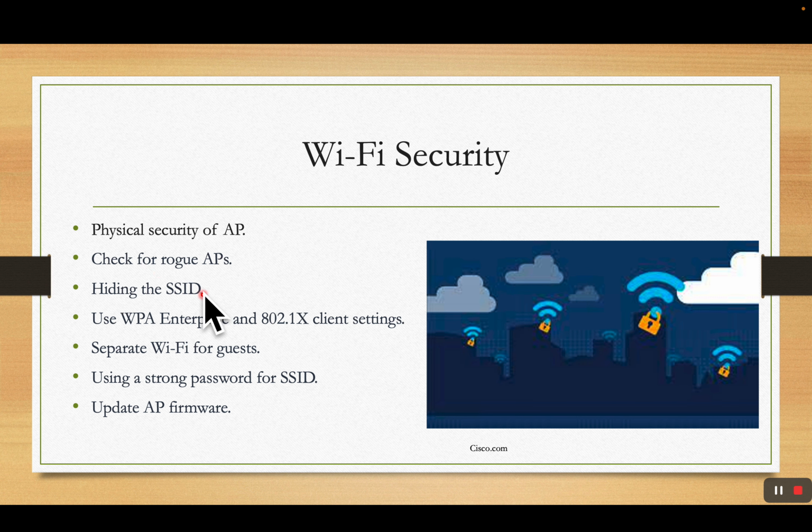Now, what about hiding the SSID? I'm sure you've heard about this. Well, this is considered a very basic security measure. It's very weak, actually. While it may help prevent casual users from connecting to your wireless network, hiding the SSID is not a foolproof method, because experienced attackers can use various tools and techniques to detect the presence of a hidden SSID.